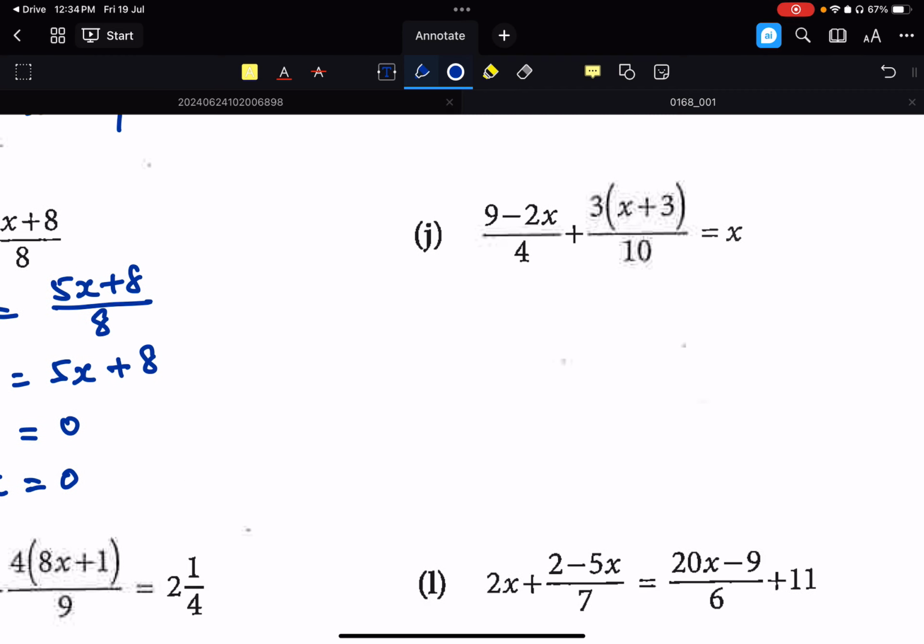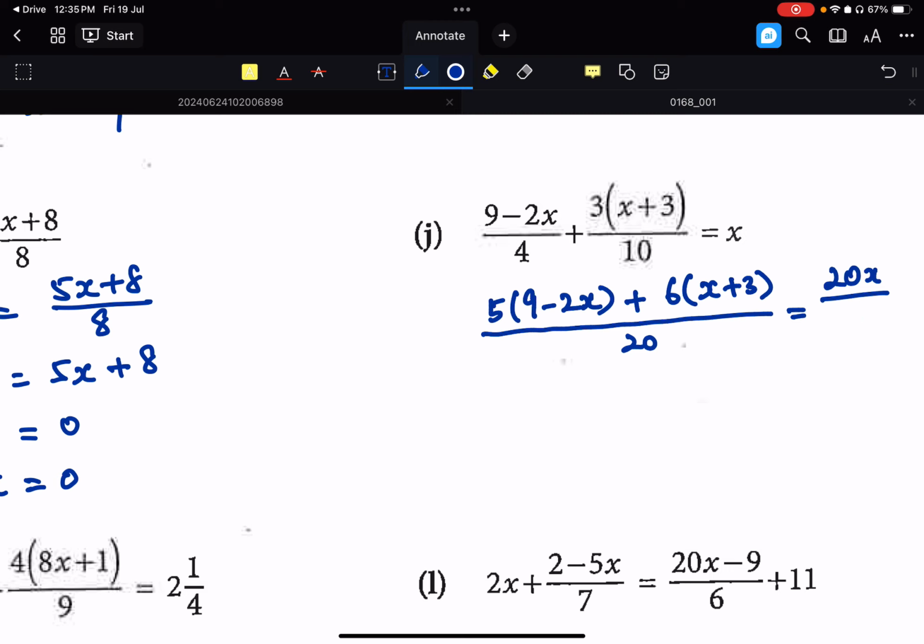Okay. So on this side, what do we have? We can make all the denominators common again. So we can make the denominator 20. So in this case, it will be 5 times (9 minus 2x), plus, in this case I need to multiply by 2, so 6x plus 3, over 20. This will equal 20x over 20.